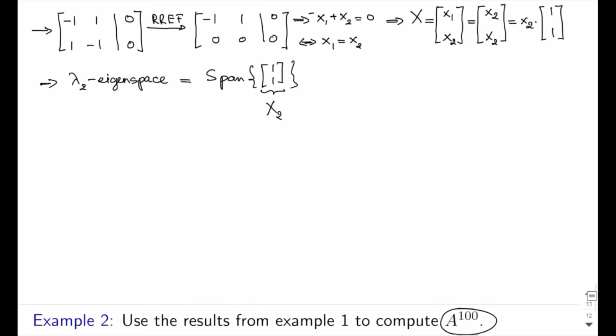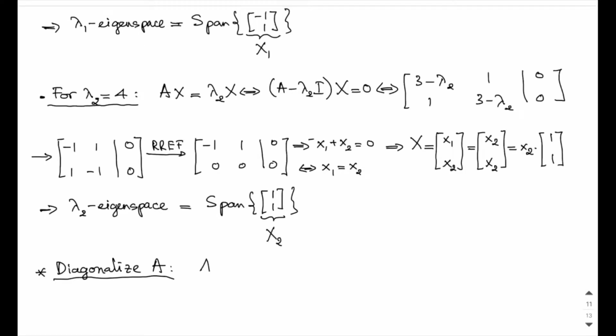So the next step is to diagonalize the matrix A. A produces enough independent vectors to be called non-deficient. And so A is diagonalizable, which means A can be rewritten as Q D Q inverse, where Q is just putting the eigenvectors together. That will be the matrix negative 1, 1, 1, and 1.